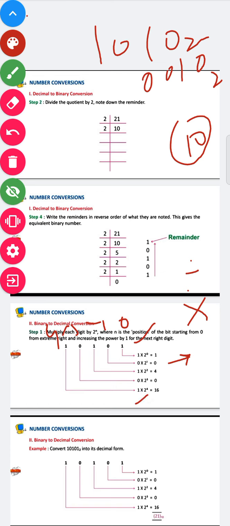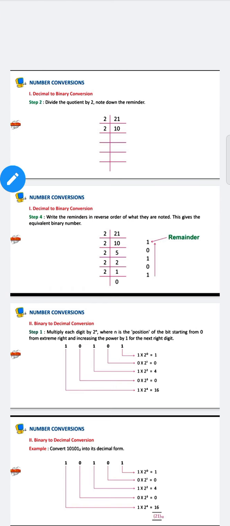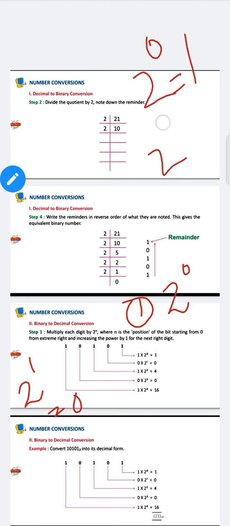It is very important to understand this topic, how to multiply these numbers, right? Anything multiplied by 0 will be 0, and 2 into 1 will be 2. So here 2 to the power 0 is equal to 1 and 1 into 1 is 1. 2 to the power 1 is 2, and 0 into 2 is equal to 0.